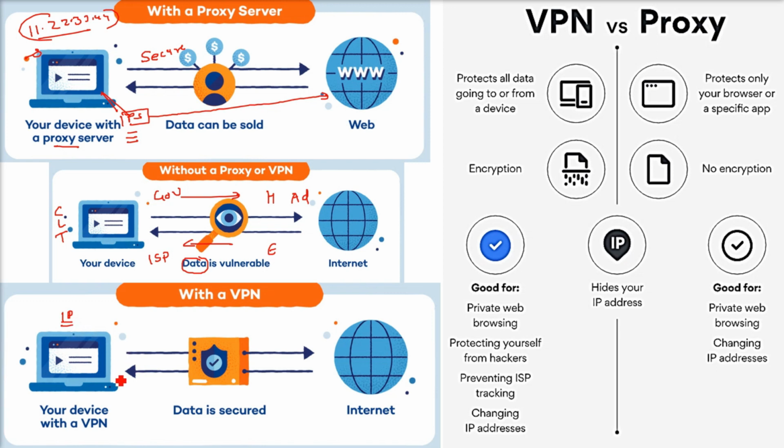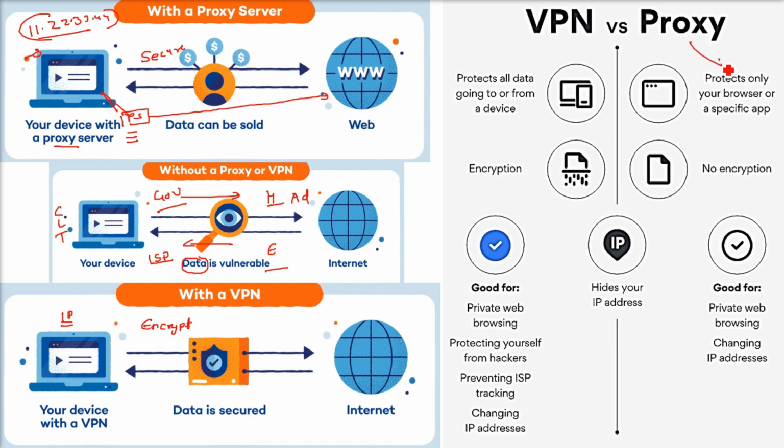That is, it will hide your IP. The second thing is the content which is going and coming, it is encrypted. Encrypted means the government, ISP, eavesdropper, hacker or anyone else, your data is not vulnerable. So encryption and IP hiding is done.